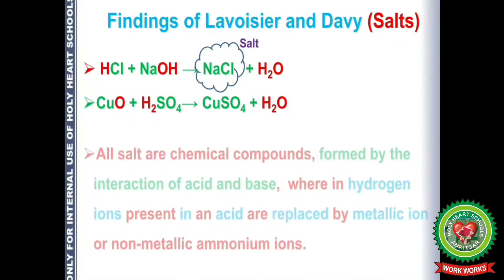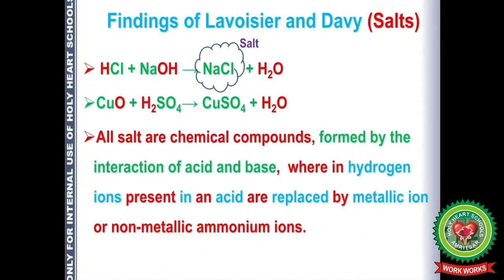Let's take another example. Copper oxide combines with H2SO4 to give copper sulfate and water. Similarly, the hydrogen part of the acid reacts with the oxide part, the anion part of the base, to form water, and the left part forms the copper sulfate.